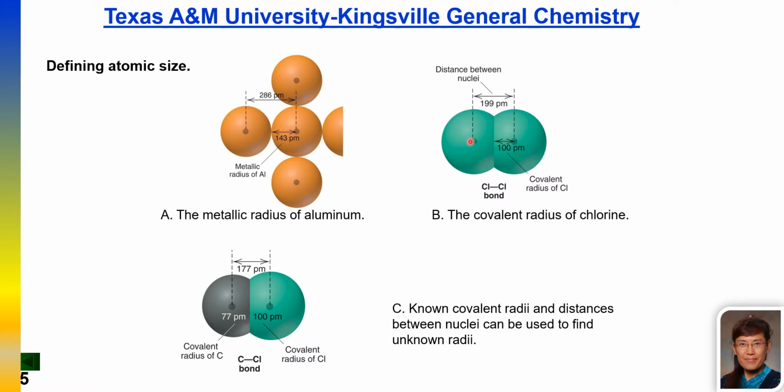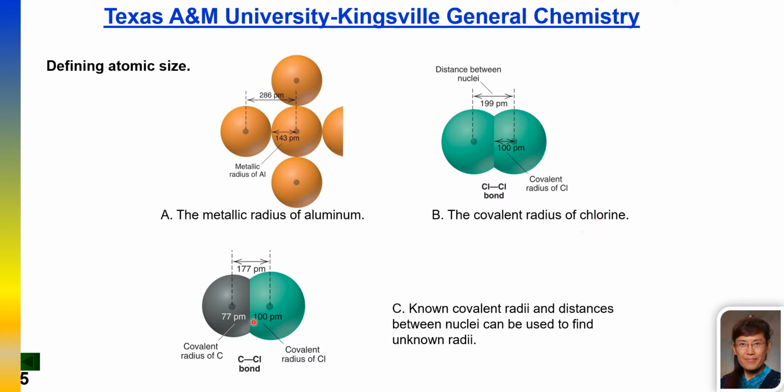Technically speaking, the covalent radius is half of the distance between two nuclei of your chlorine. You have two chlorines, they have two nuclei. That distance you call the bond length. Half of that, or approximately half of it, you call the atomic radius. This is for your chlorine, non-metals.